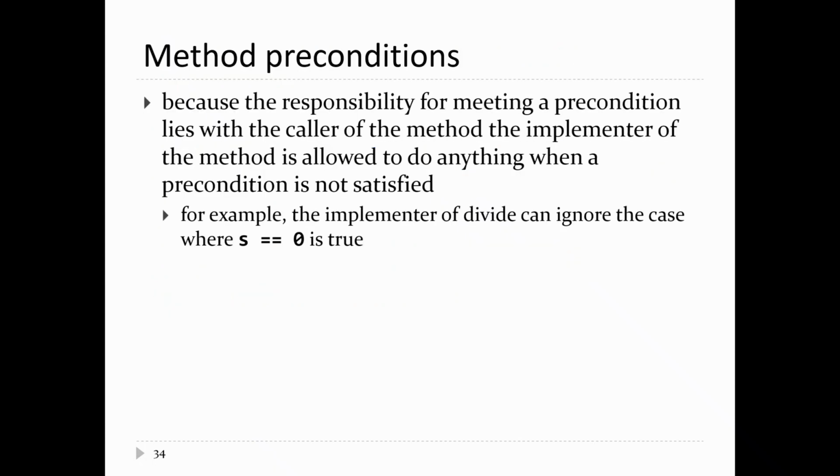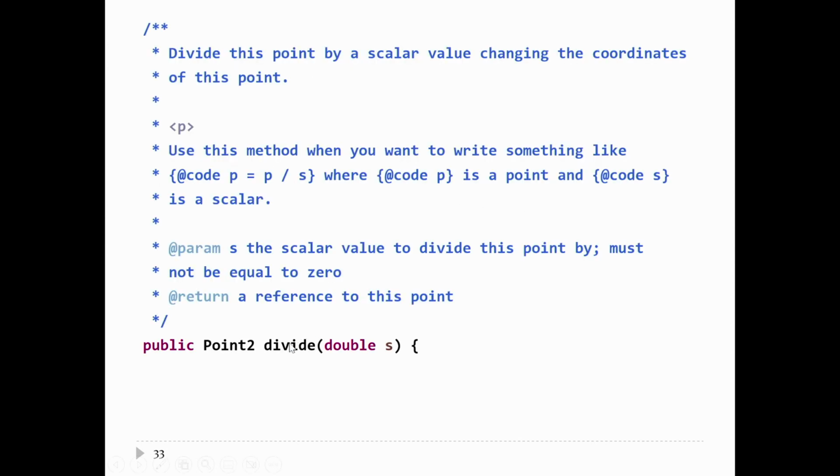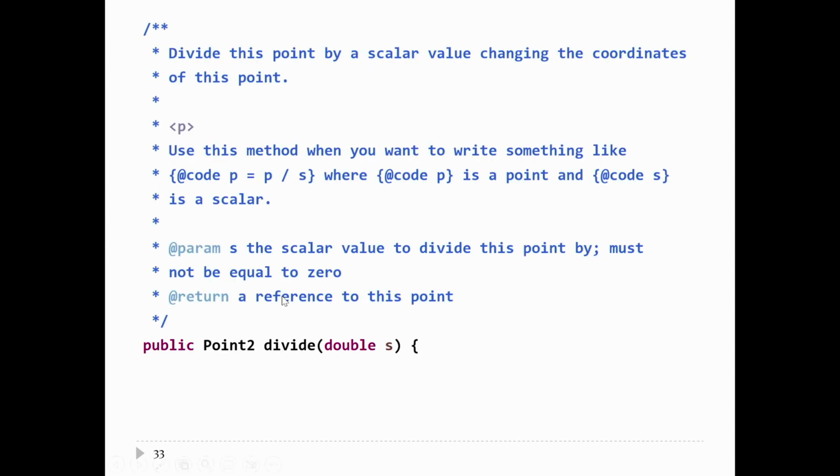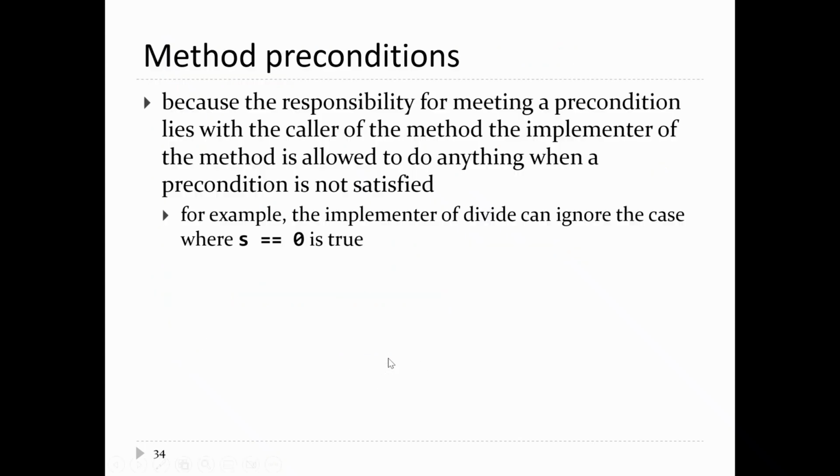Okay, now, if the responsibility for meeting a precondition lies with the caller of the method, then the question is what do you do if you're implementing the method divide? It turns out the rule is that you can do anything you want. Whoever's implementing divide doesn't have to look at the value of s if they don't want to.